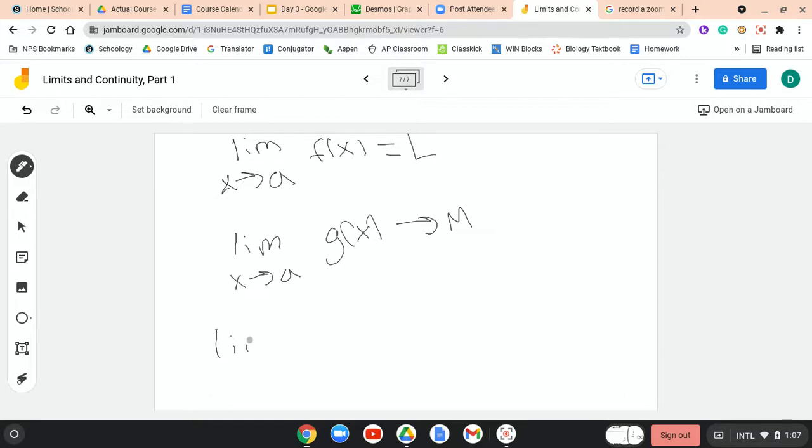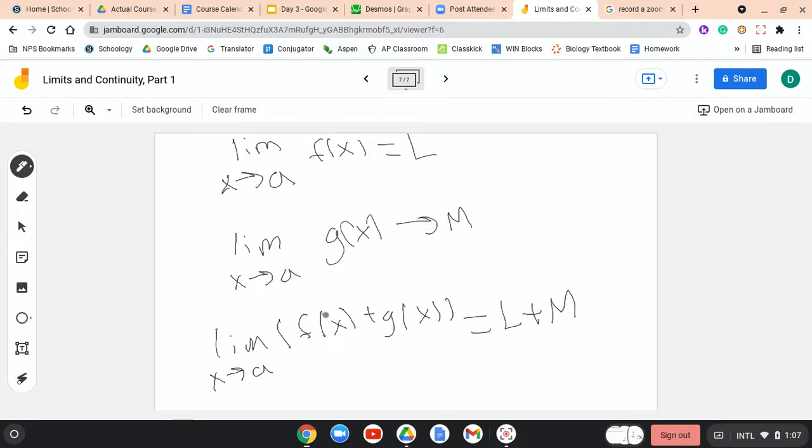If I asked you what the limit as x approaches a of f of x plus g of x is, you'd be able to tell me just from knowing these two things. It would equal L plus M.